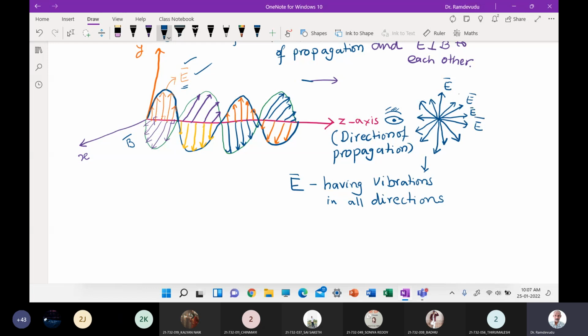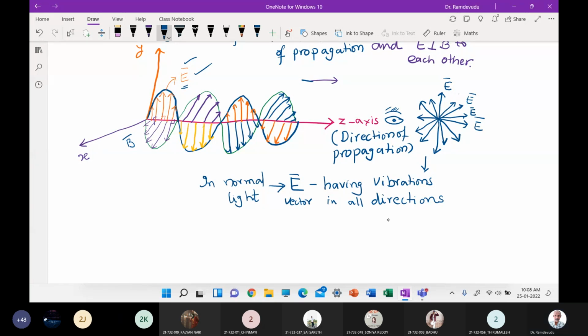Therefore, we say that in a normal light, normal light meaning whatever you are using, E vector has vibrations in all directions.